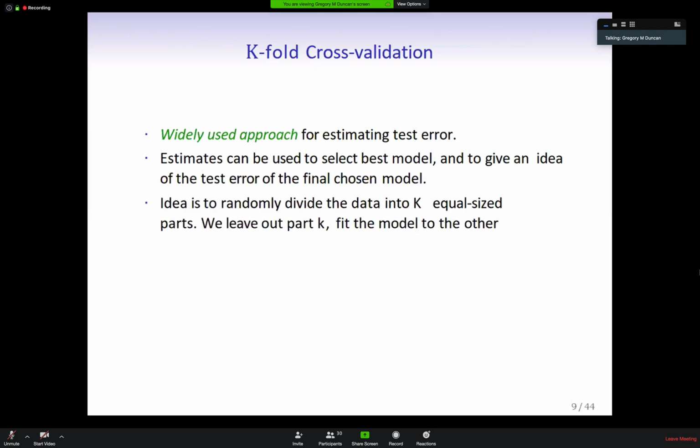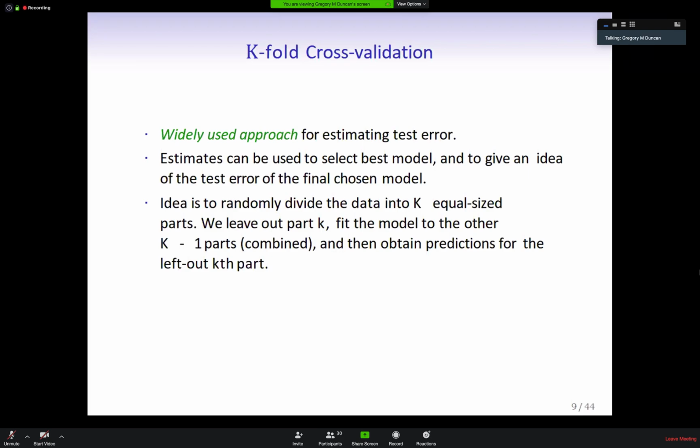The idea is to randomly divide the data into K equal size or nearly equal size parts, leave out one of the parts, say part k, and fit the model to the other K-1 parts combined, and then obtain predictions for the left out kth part.